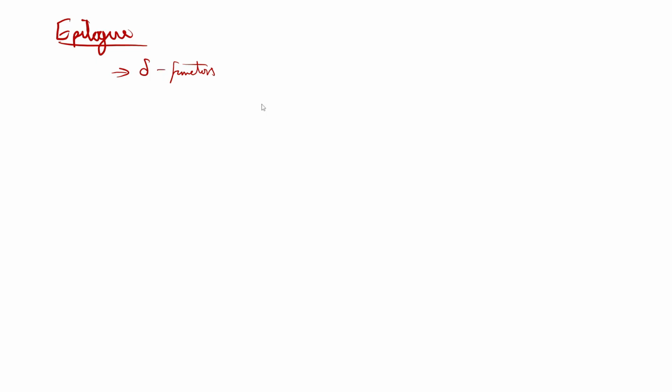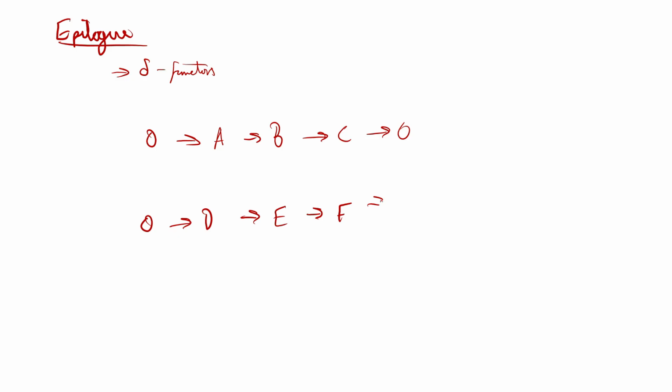But what's called the snake lemma, where if you have some pair of exact sequences, A, B, C, 0, and another, let's just say D, E, F, 0, and you have these.